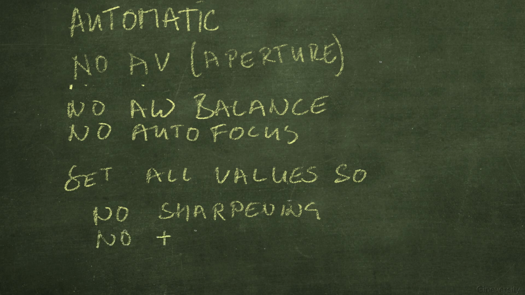Same for this separation, RAW and JPEG: no extra saturation. Don't do this. You can saturate later if the image really needs it.